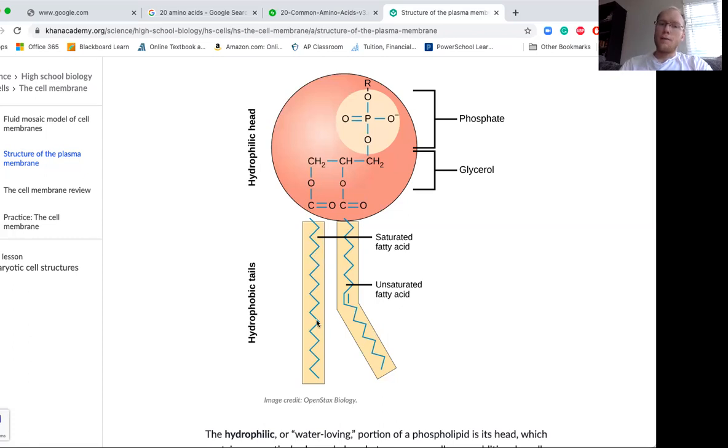So if you just have all of these perfectly saturated fatty acids, they can get closer and closer together. But if they're unsaturated, nutritionally speaking, that's actually good because they spread out more. So they're not as concentrated with the fatty acids. So that's the difference between saturated, which means no double bonds, and unsaturated, which means one or more double bonds in the lipids.